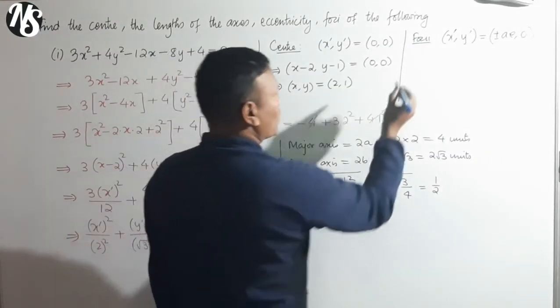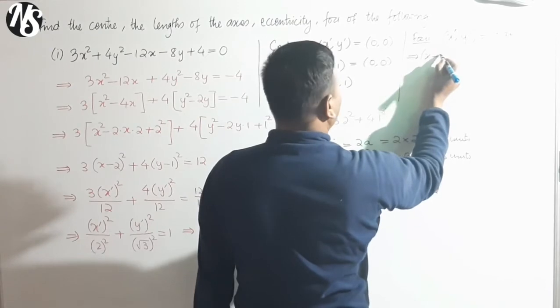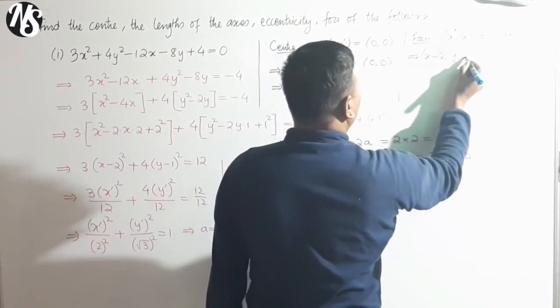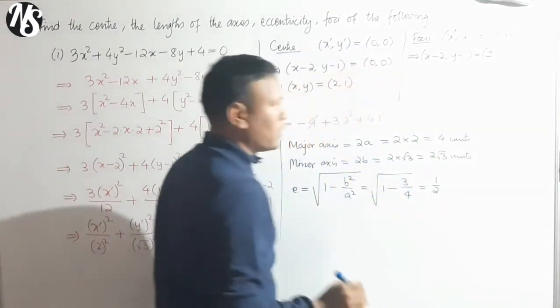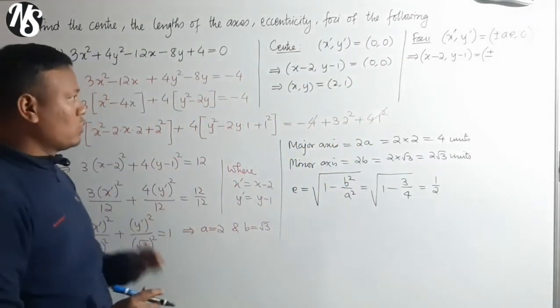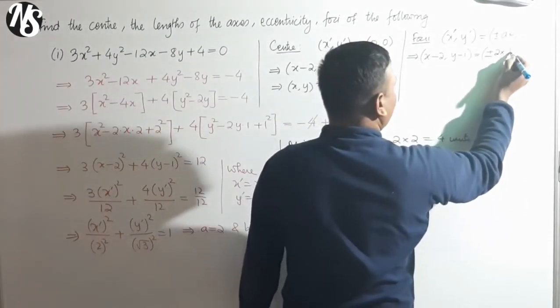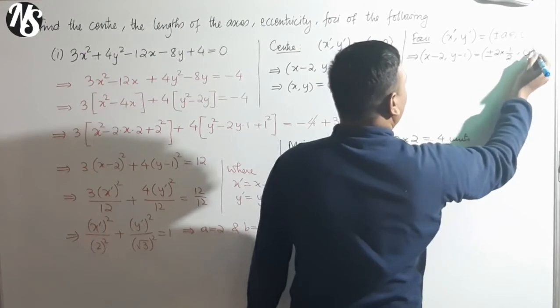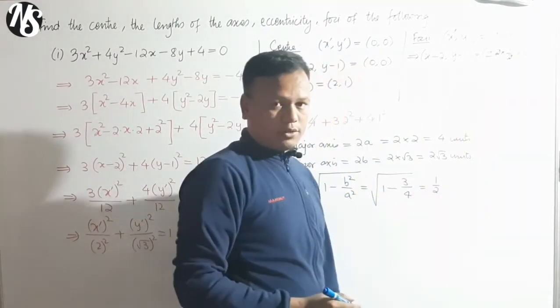Now, what is x dash, y dash? X dash is x minus 2 and y dash is y minus 1, equals plus minus, see here carefully, what is a? A is 2. And what is e? E is half, isn't it? So this and this get cancelled, so we have got only 1 out here.